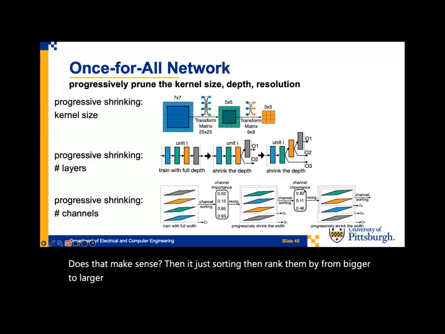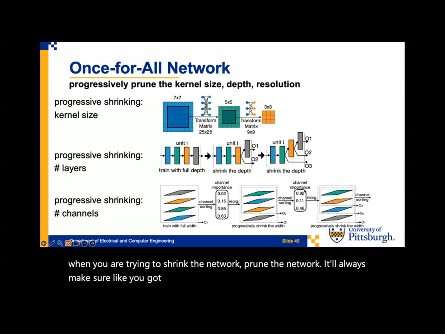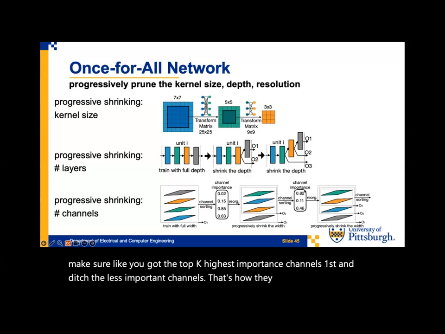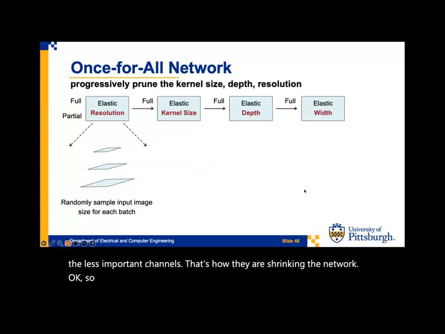And then when you are trying to prune the network, when you are trying to shrink a network, it'll always make sure that you keep the top K most important channels first and ditch the less important channels. That's how they are shrinking the network. Okay, so in this way, they have this so-called elastic resolution.